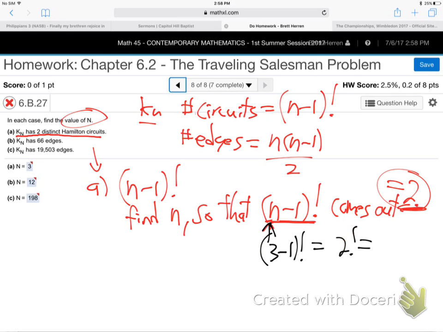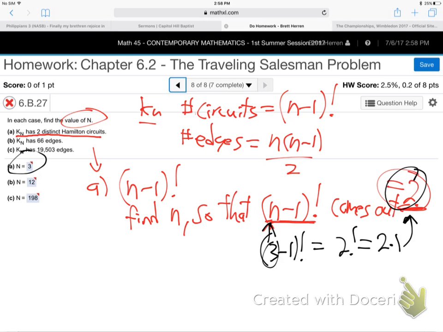Because that came out 2 factorial, which is 2 times 1, which indeed is 2. So 3 must have been the n value plugged in to come out with 2 as the number of circuits. Right? Do you see that? So that's why n is 3, the answer to part A. We okay? Can I move along from that?